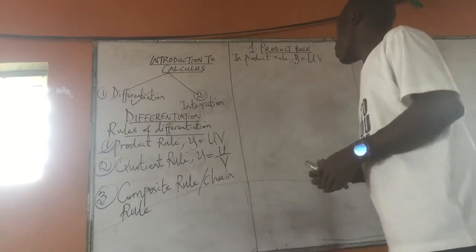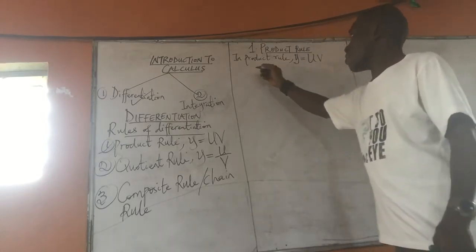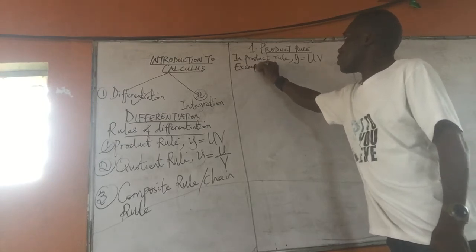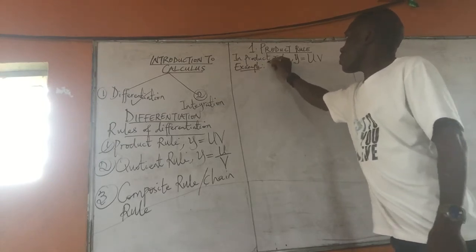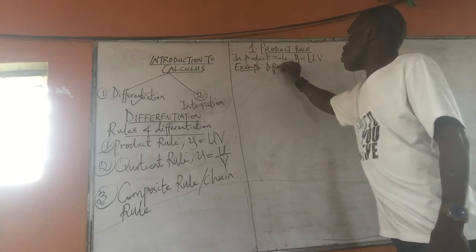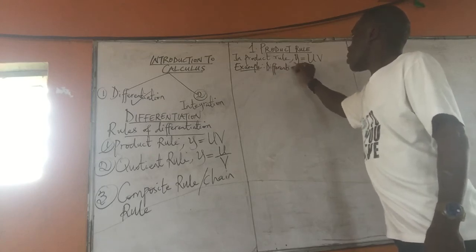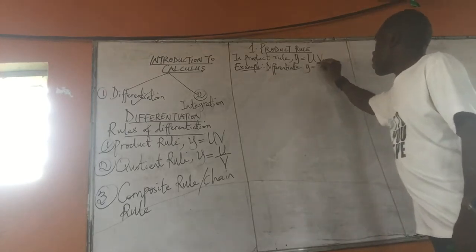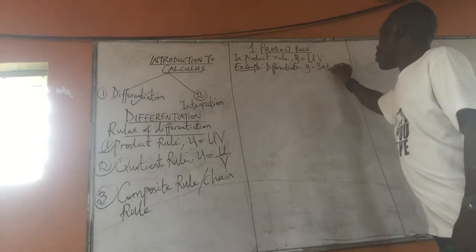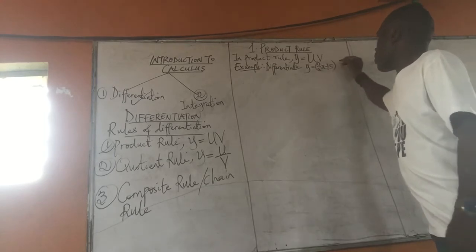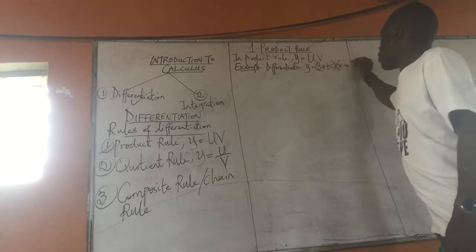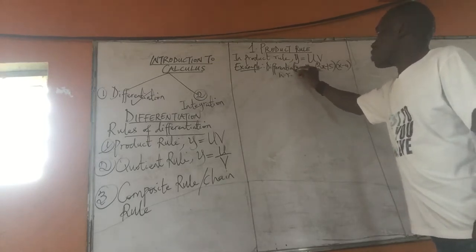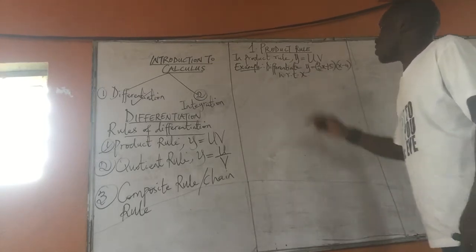For example, the students are asked to differentiate y equal to (3x plus 5)(x minus 4) w.r.t. x.